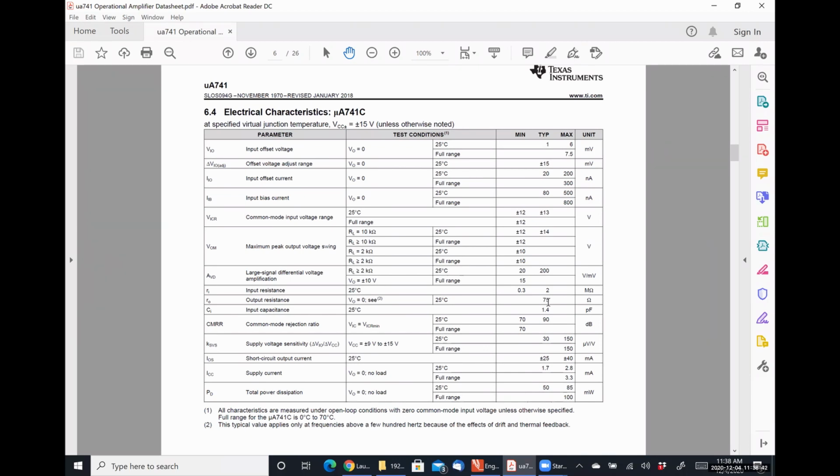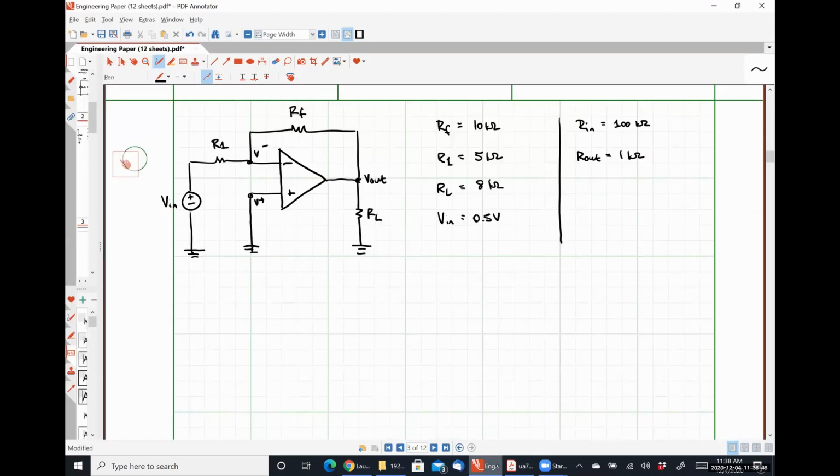So 1 kilo ohm is much, much larger than we would expect to see. I'm trying to illustrate something by using garbage values here. And our open loop voltage gain will be 10,000, 10 to the 5.